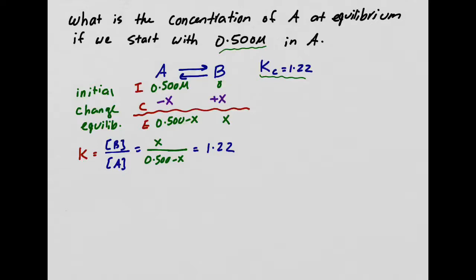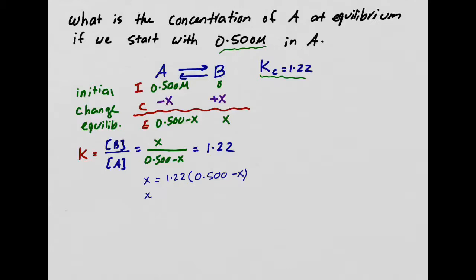Okay. Now, let's go over the math together too. And I know you know it. So, what are we going to do? This would be X equal. You have to multiply this out, right? 1.22 times 0.500 minus X. Okay.